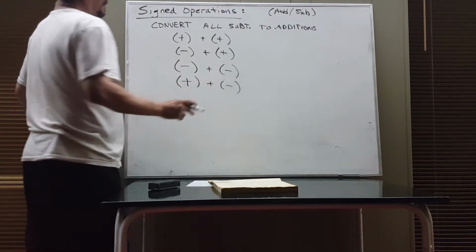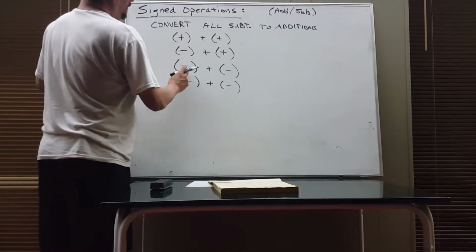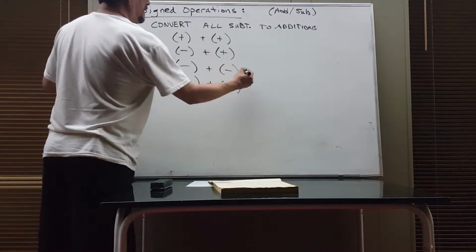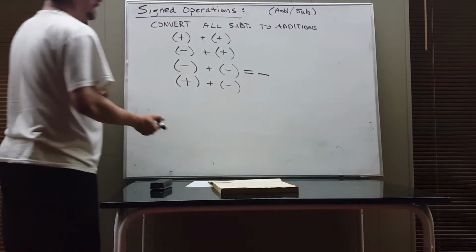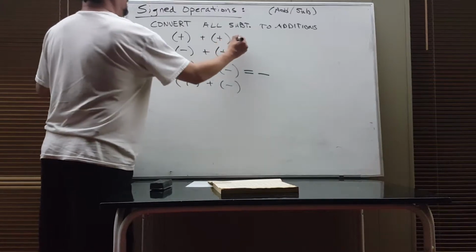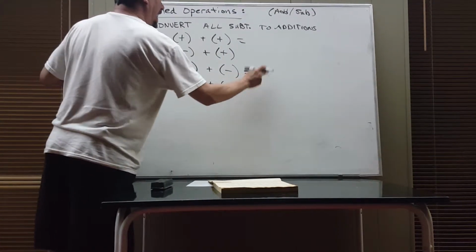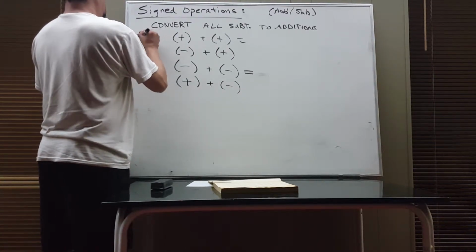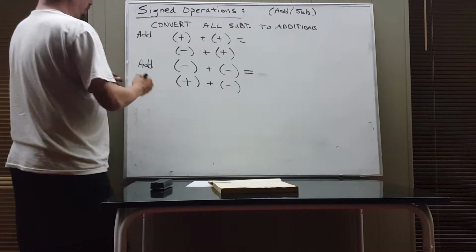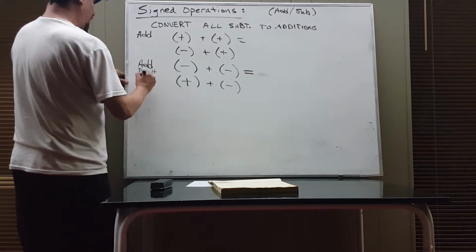So the idea here is if we're adding the same sign, the result is the same sign. So when we add two negatives, we add, and the result is the same sign.